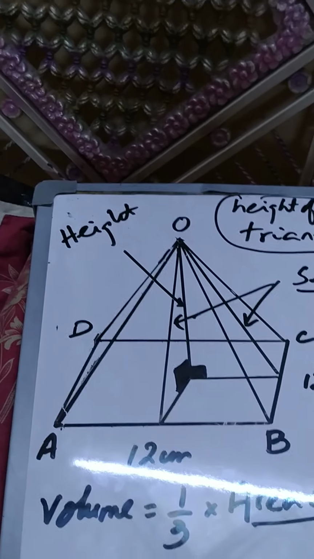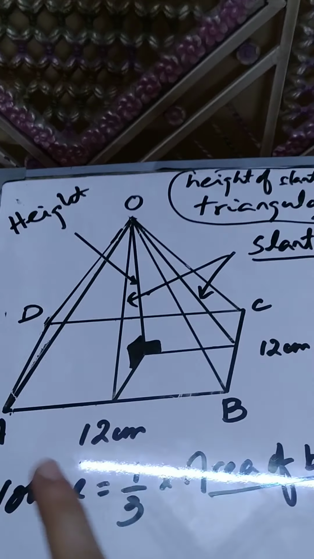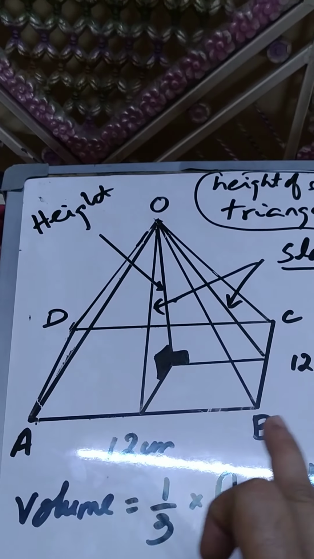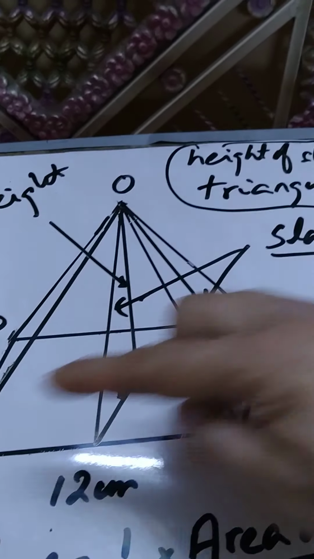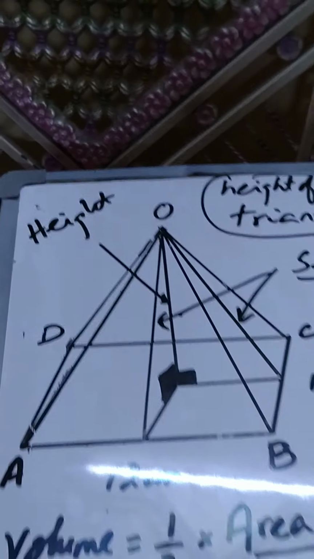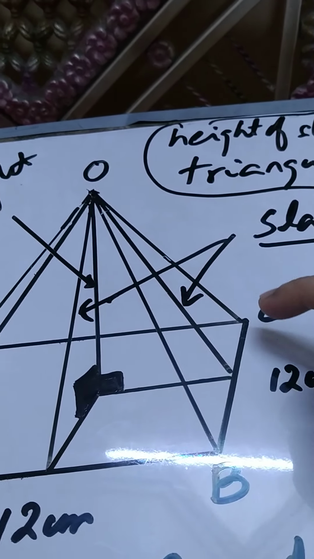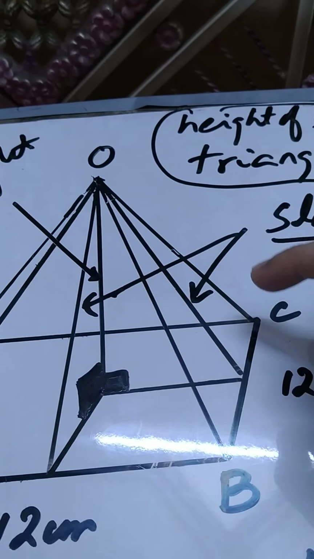So with all the four sides, there will be a slanted triangle attached with it. So look here, AB. This is the first side of the square. With AB, there is a triangle AOB attached with it. Now the second length BC. With BC, there is one more slanted triangle attached, BOC.